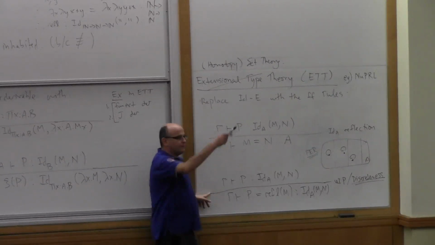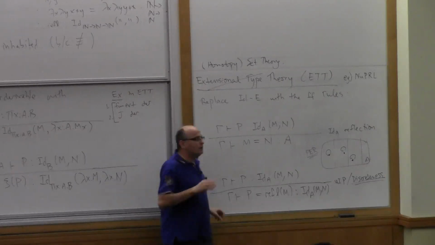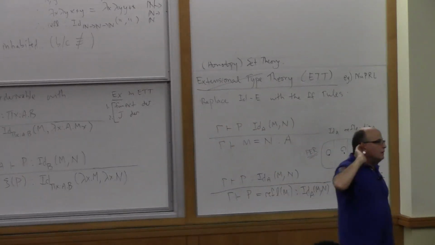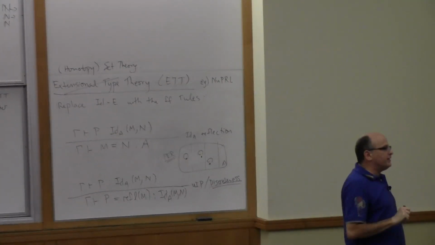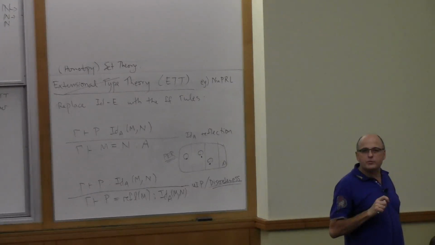It's quite important. Yes? Don't you have uniqueness of identity proofs in Agda, but not the identity reflection? In Agda, there you have uniqueness of identity proofs, right? Well, there's a switch, I believe, in which you can have it or not have it. Well, no, it's like in Coq as well.